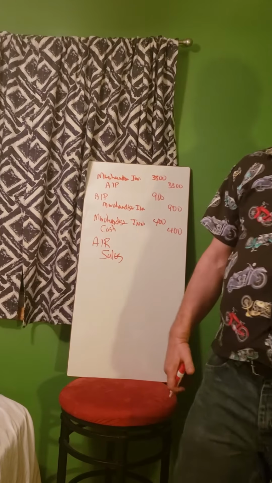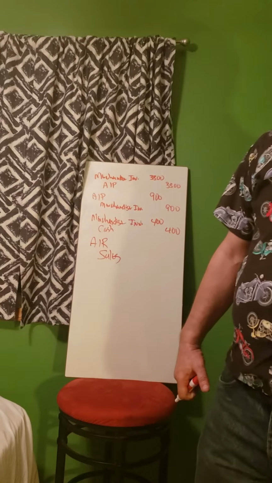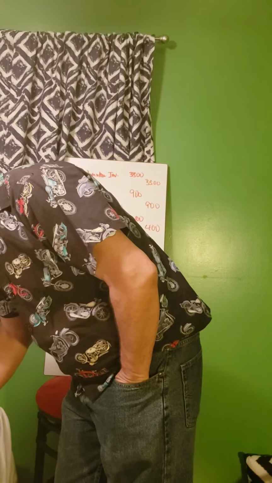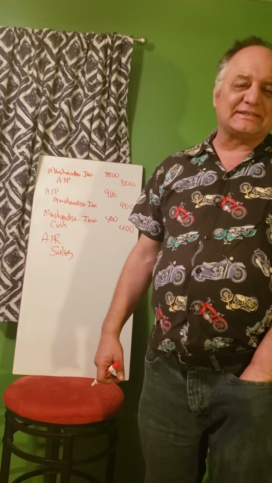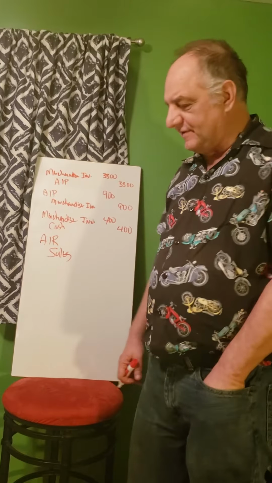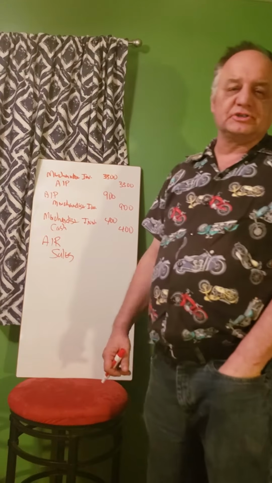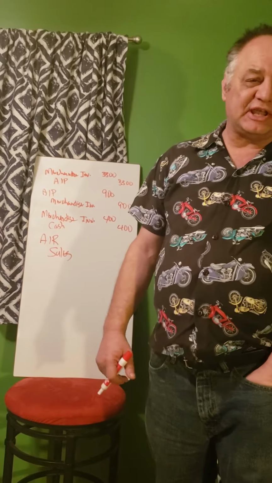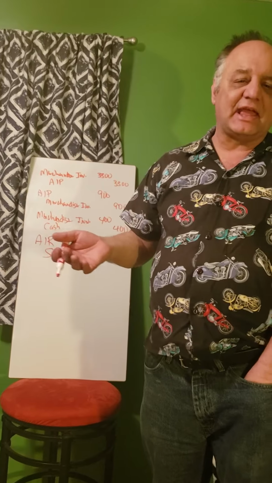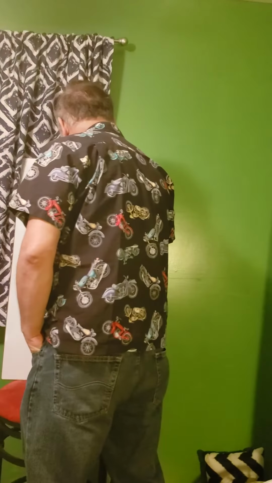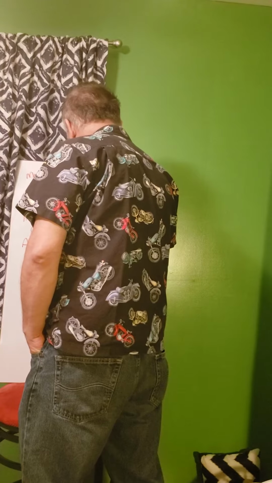And remember, we're going to record this at net, and so if we take $4,700 and the terms were 2/15, that is a 2% discount. If you take $4,700 times 98%, that is, they're only going to pay 98% because they get a 2% discount, that number is going to be $4,606.